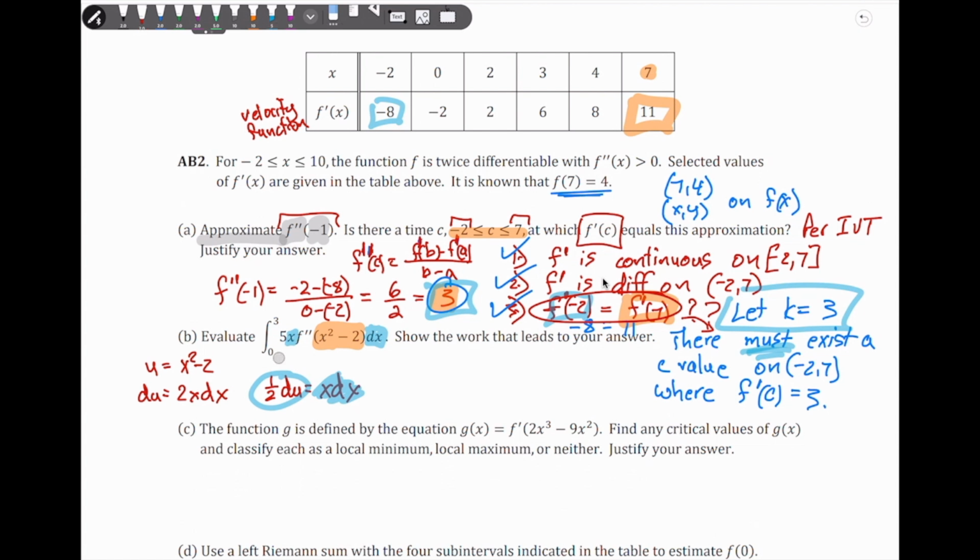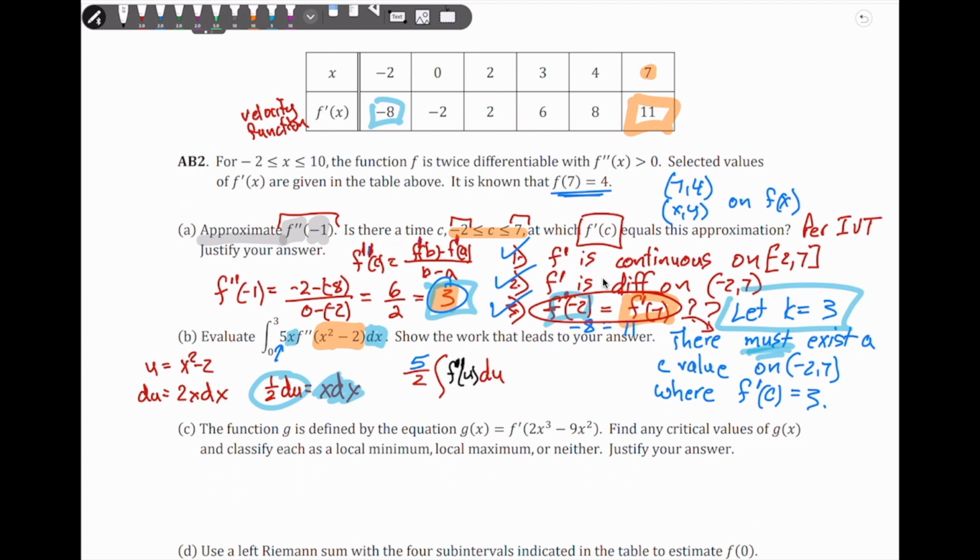So let's go ahead and use the constant multiple rule. Let's go ahead and constant multiple rule this 5 out. And then this 1/2 is going to make this 5 into a 5/2. And where there used to be this x dx, we're going to have this 1/2 du. Okay, and now what we're left with is simply the f double prime of u.